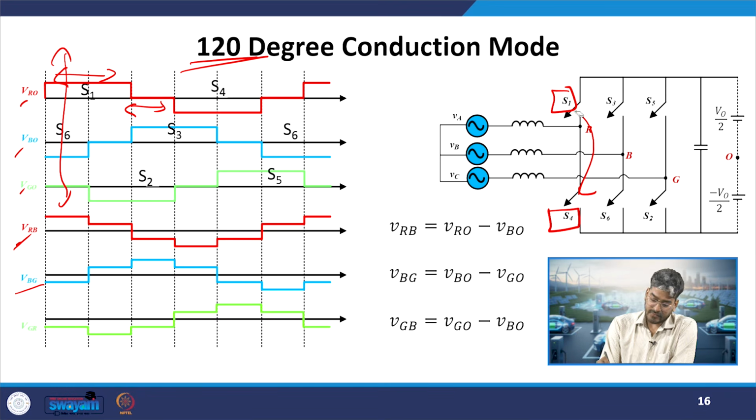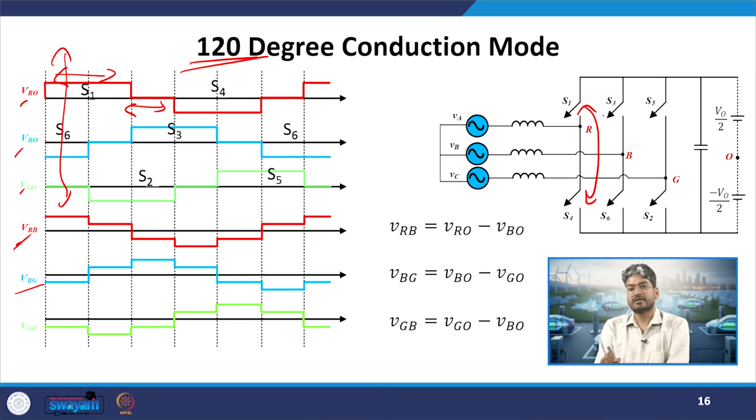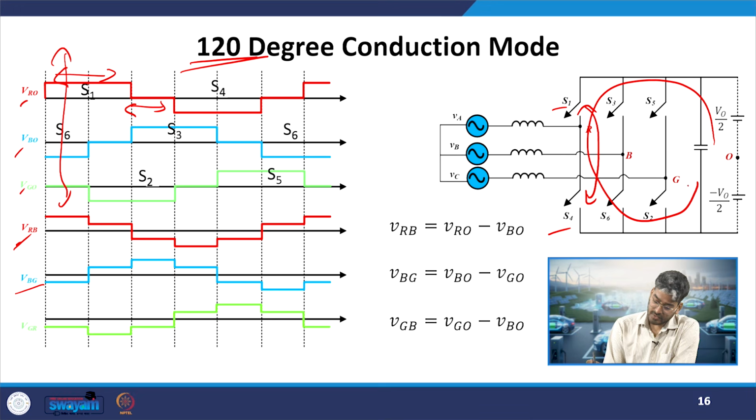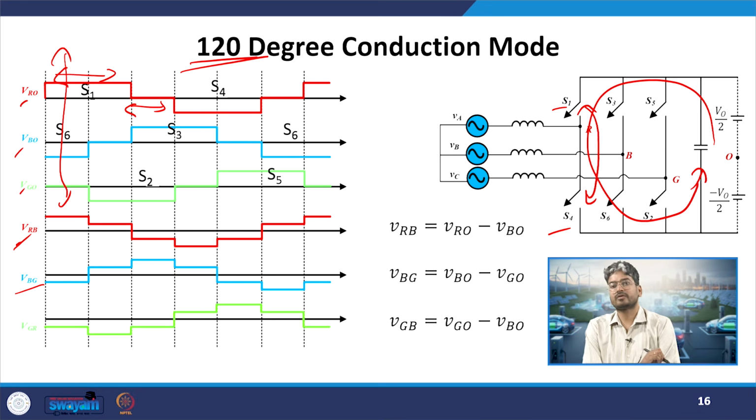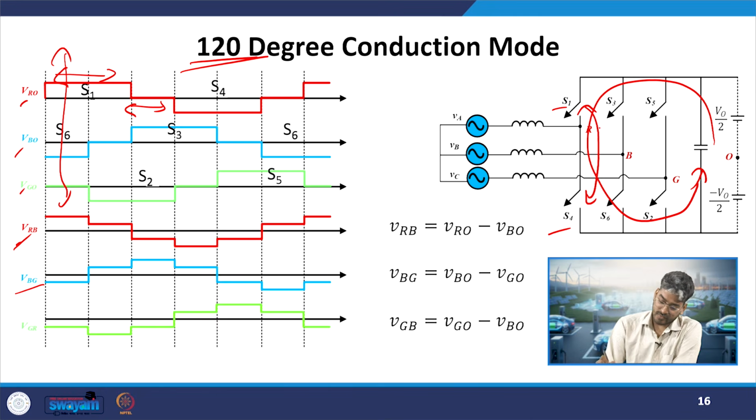If this switchover is simultaneous, there is a higher risk of short circuit. If S1 and S4 by mistake turn on at the same time, what will happen? Now we have a closed loop with respect to the DC circuit and we lose control over the circuit. The moment S1 and S4 simultaneously conduct, we will have a shoot through fault or a short circuit in the 180-degree mode of operation.